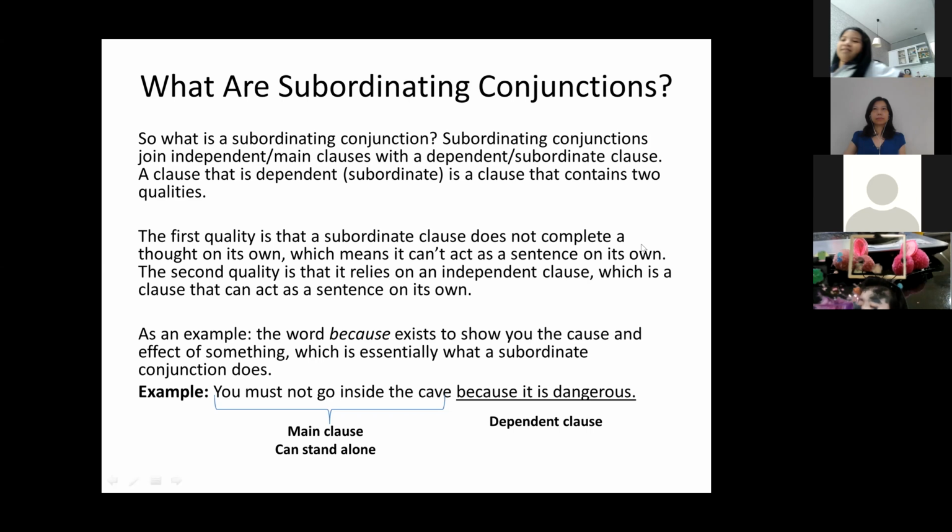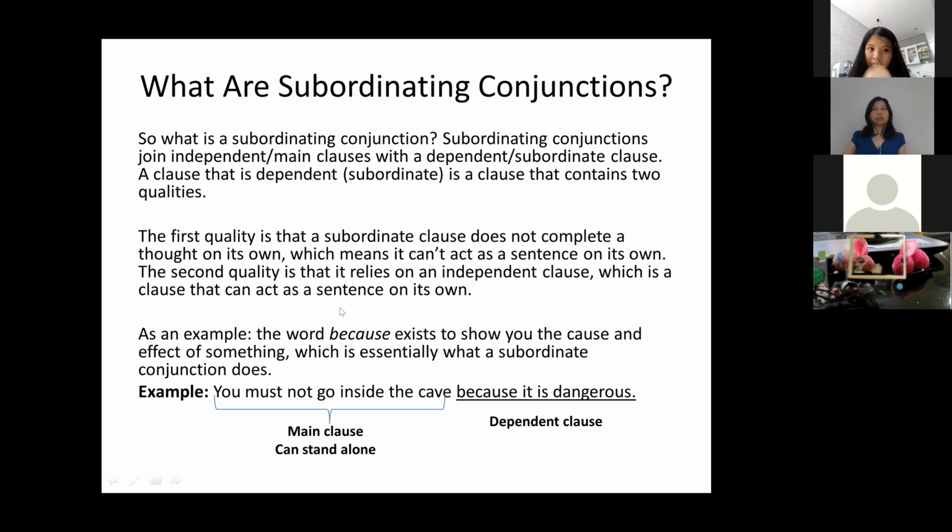The first quality is that a subordinate clause does not complete a thought on its own, which means it can't act as a sentence on its own. The second quality is that it relies on an independent clause, which is a clause that can act as a sentence on its own. Thank you.